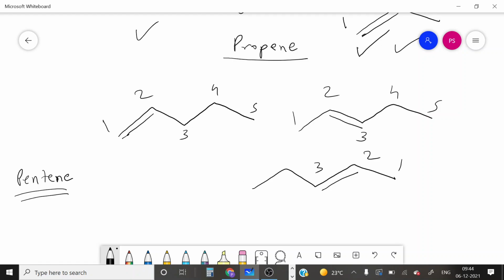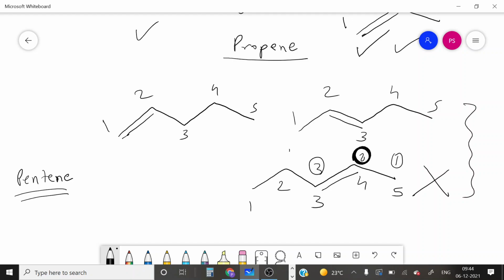And not 1 2 3 4 5. This is the wrong numbering. So these two structures are same. If you give the numbering from right hand side: 1, 2, 3, 4, 5.